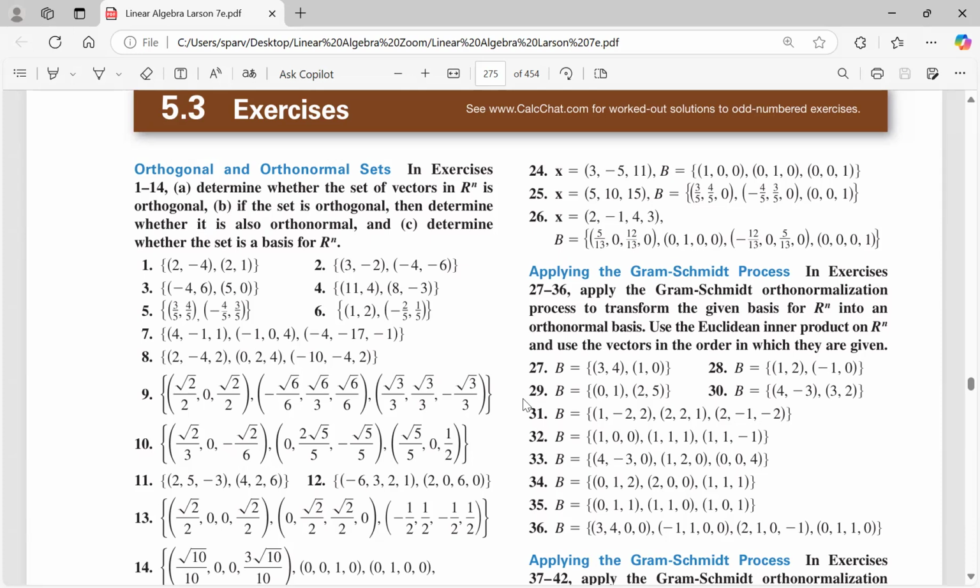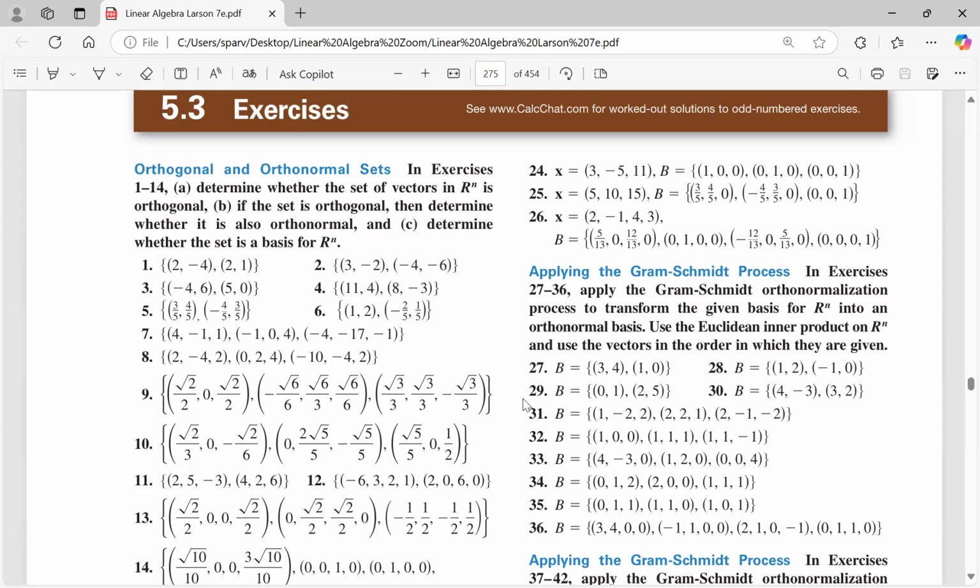Okay. So again, we are given 3 vectors in number 10. Part A, are they orthogonal? In part B, if the set is orthogonal, then determine whether it's orthonormal. Remember, orthonormal is the orthogonal set where each vector is magnitude 1, right, in the set.